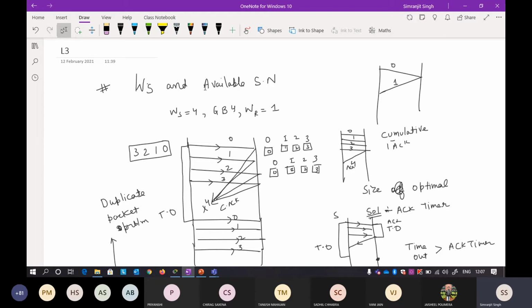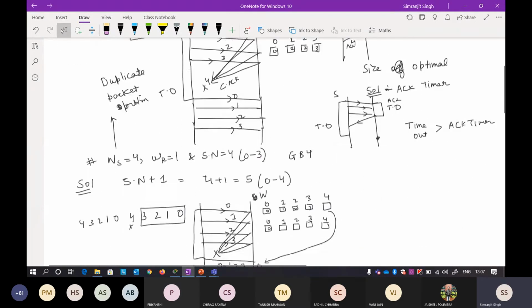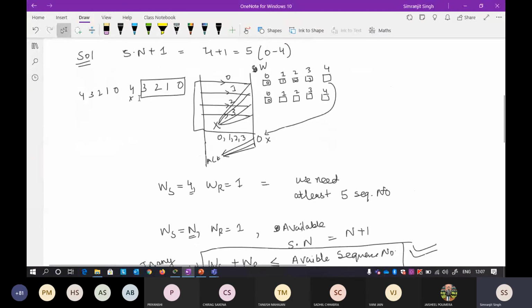because most of the time your question will be based on the sequence numbers. Most of the time, many students overlook this concept. When you overlook it, your answer will always be wrong, because people think that the available sequence number is equal to the window size.